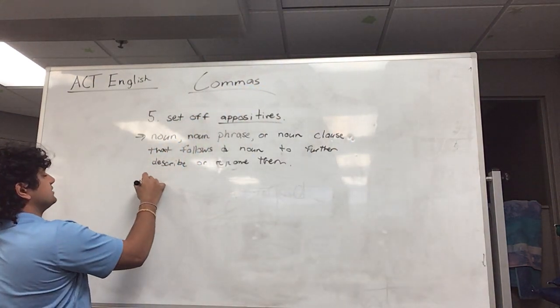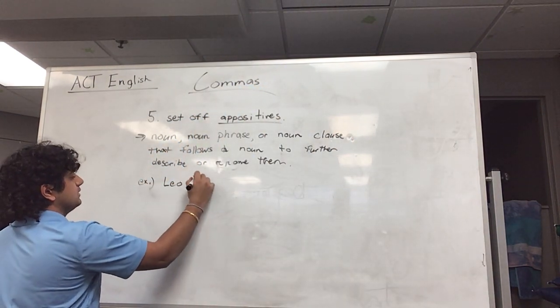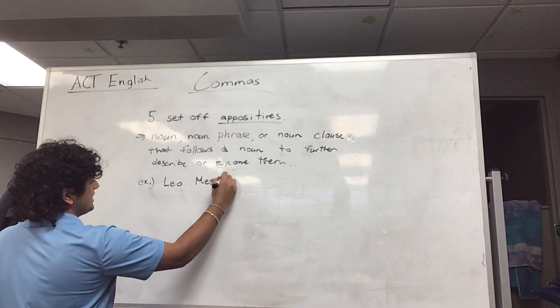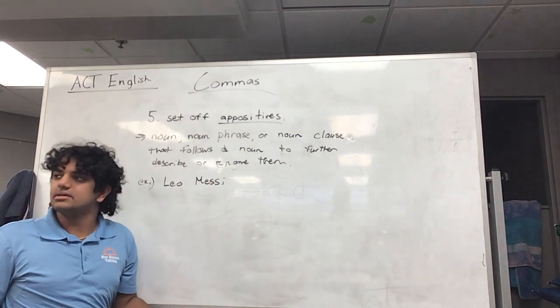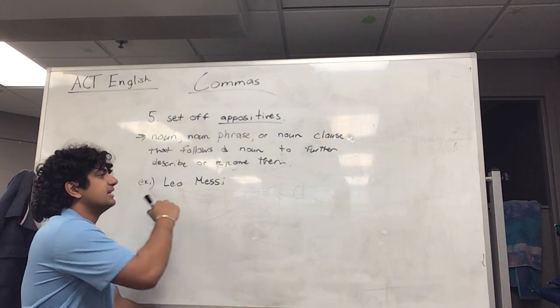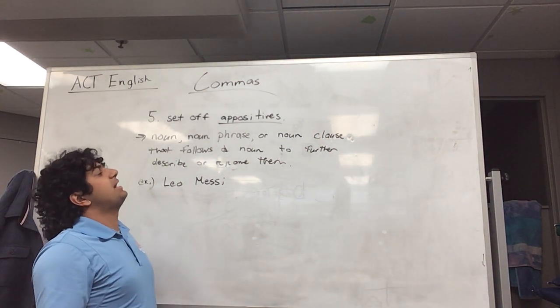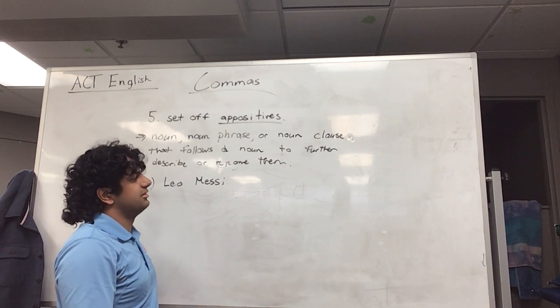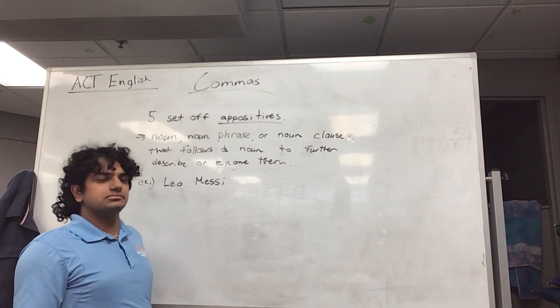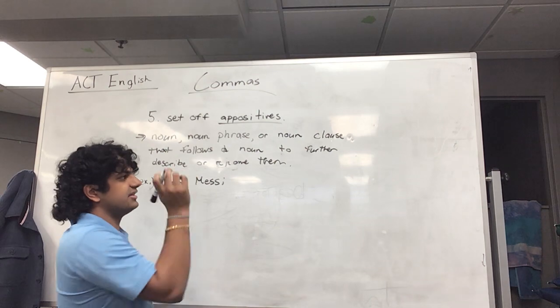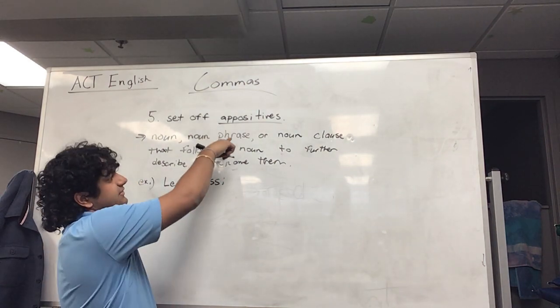Lionel Messi, for example, is an example of a noun. That's a person, place, or thing. Now let's say we wanted an appositive right after it. Let's say we want to describe him as the greatest soccer player of all time. Then the greatest soccer player of all time would be a noun phrase.